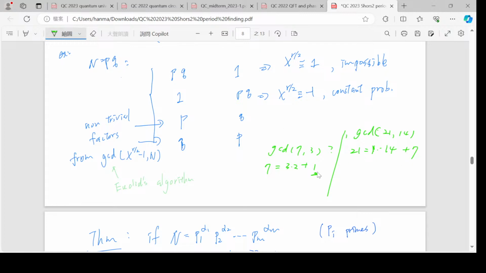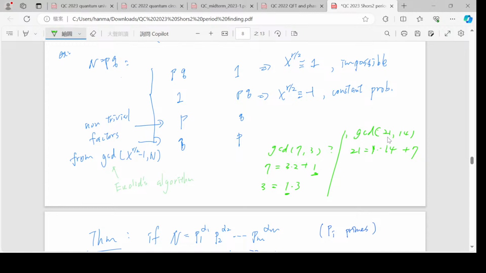Then you need to do one more step to finish the algorithm, and 1 actually divides 3. Then you know this 1 is the greatest common divisor.